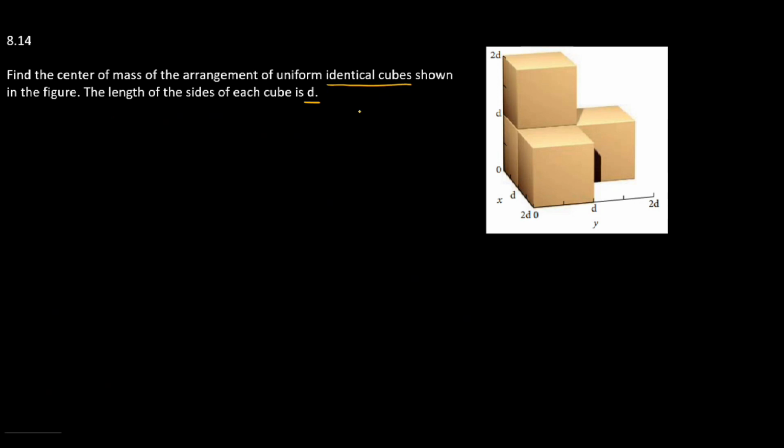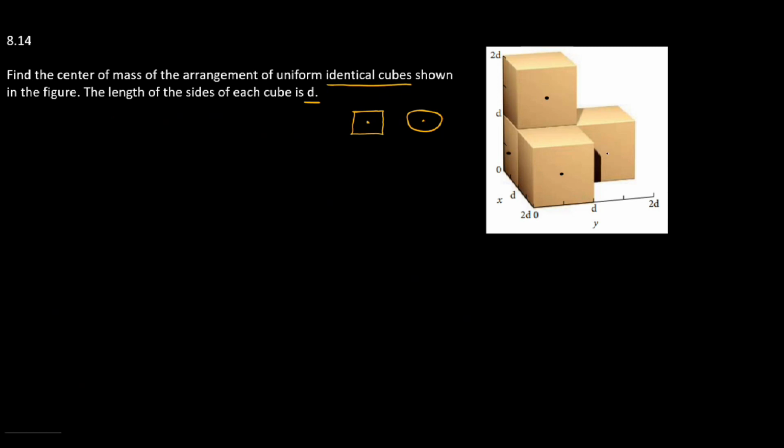So whenever you have an object that is symmetrical and has uniform mass density, like a square, a sphere, a circle, or a cube, for such objects the center of mass lies at the geometric center. So I can show the position of the center of mass for each cube at their geometric center like this.